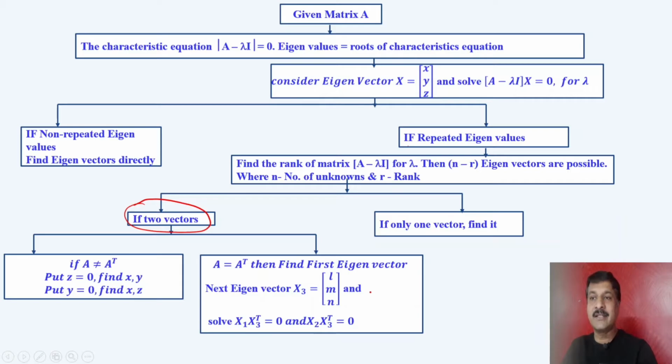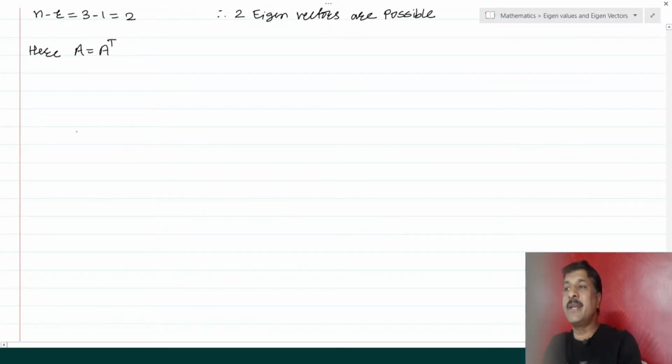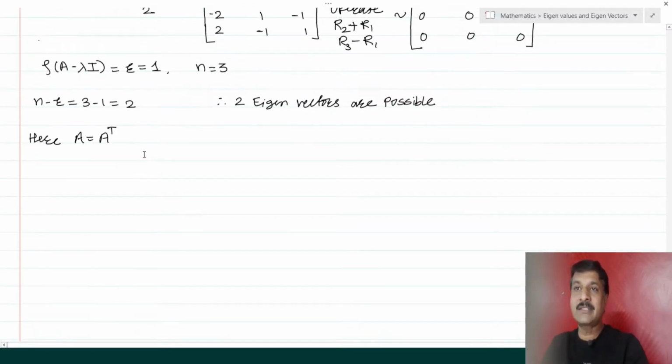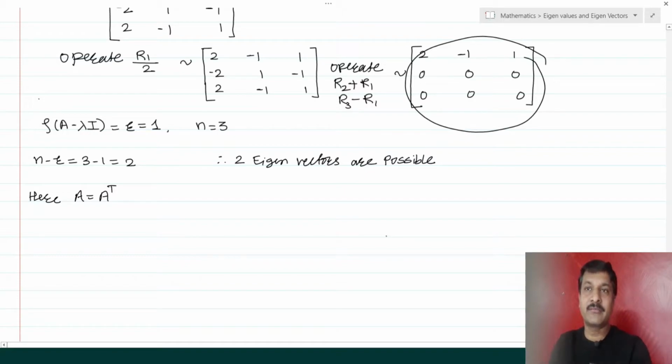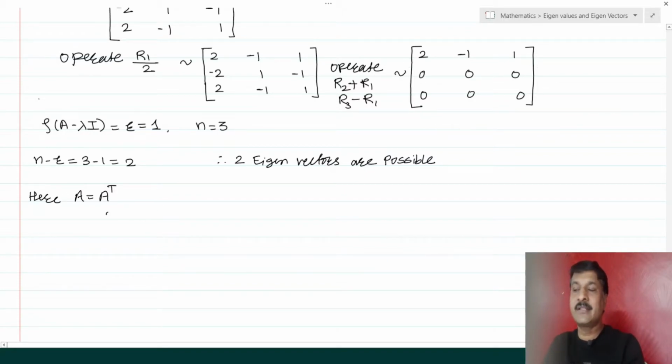So by this method, from the last matrix you will get one equation, which is nothing but 2x minus y plus z equal to 0. And here you find x2, the second eigenvector.